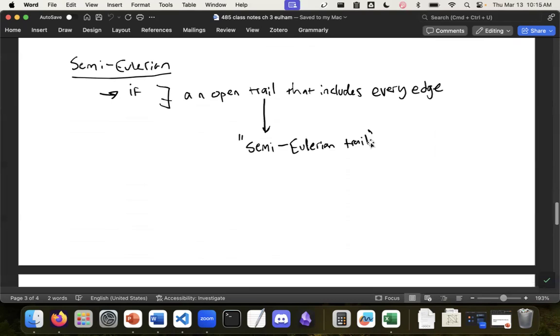And then we ended with semi-Eulerian, which is, so normally we want to start and stop at the same vertex. But if we remove that restriction and keep the others, so every road still has to be traveled, we can say it's semi-Eulerian, where it's an open trail, so it's not closed. It starts and ends at different places, but we still include every edge.